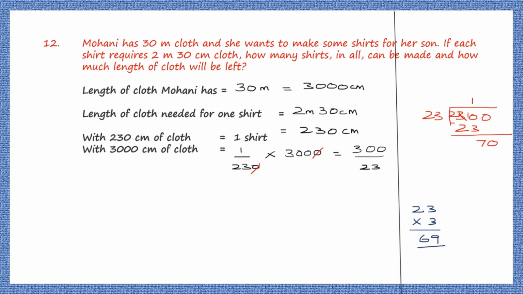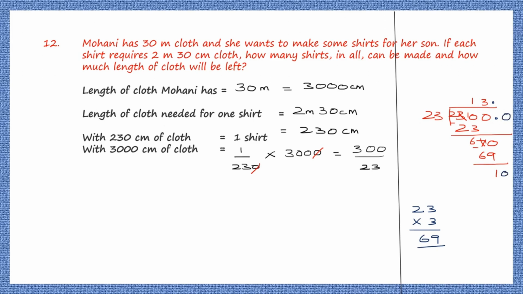Yes, 69 is close. So 23 into 3 is 69. But then again we have a remainder here. Remainder is not 0. 10 minus 9 is 1. Now we can continue our division. How do we continue? By putting a point here, carrying that point up. Now here, after the point, you can put zeros. So let me put that 0 down.